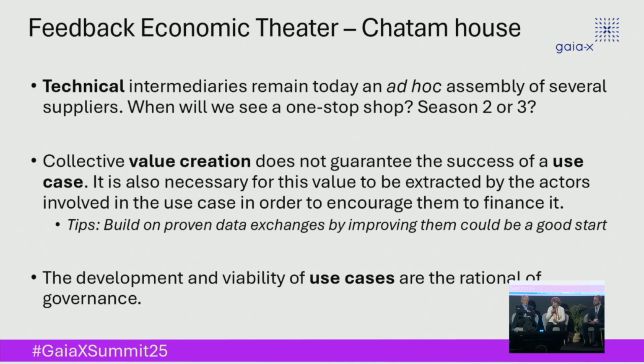Maybe in season 3, or at the end of season 2, it will be possible to have a real one-stop shop. It will be a necessity, because for small companies it seems very difficult to make this assembly. So that's the first idea, about the technical solution.